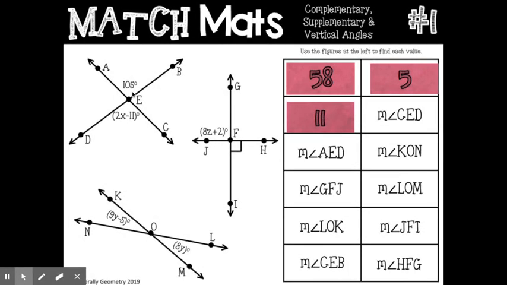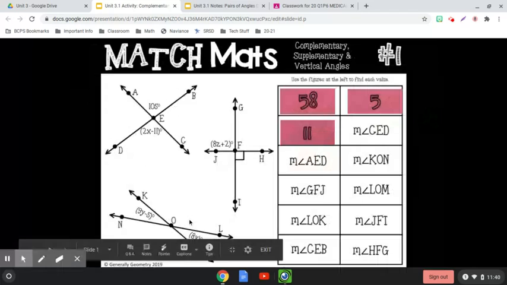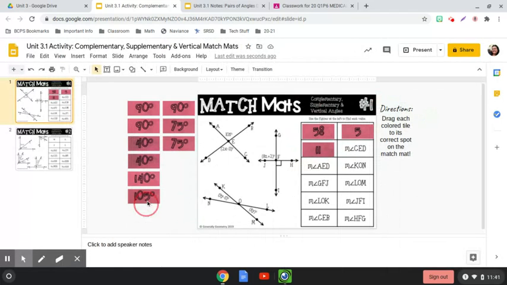So if we know that the vertical angle to GED is 105 degrees, then GED is going to be 105 degrees. And we just so happen to have 105 degrees here. So we just label it right there.